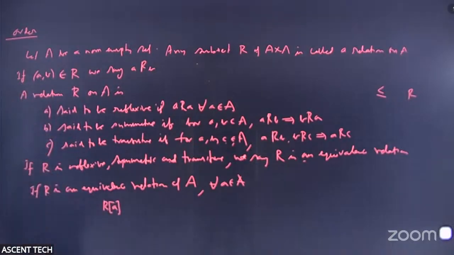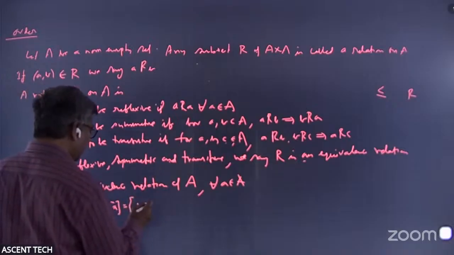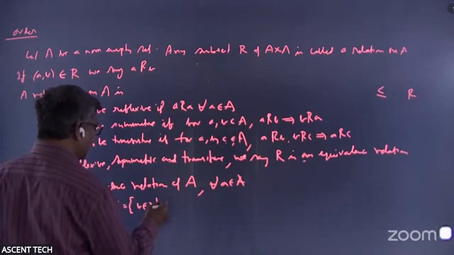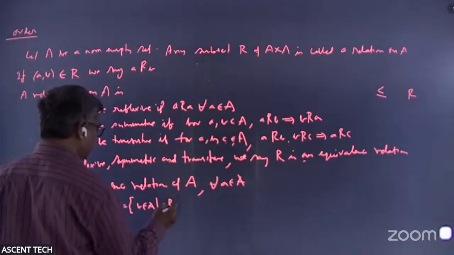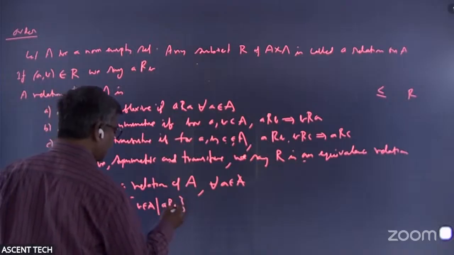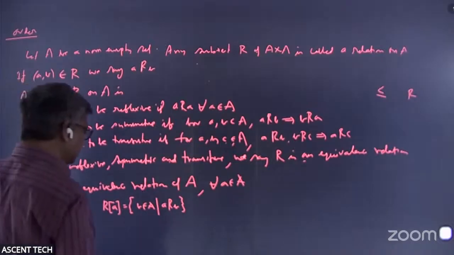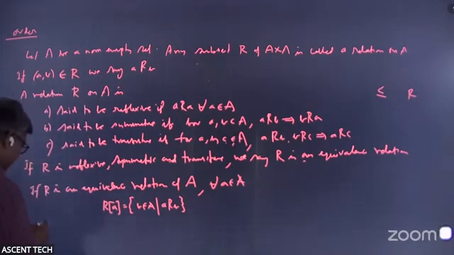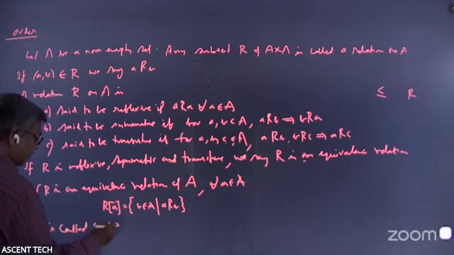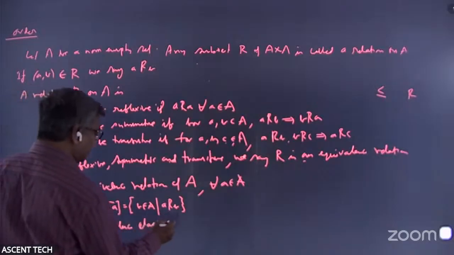This equivalence class consists of all the elements b of A which are related to this a. All those things which are related to a is called the equivalence class containing a.